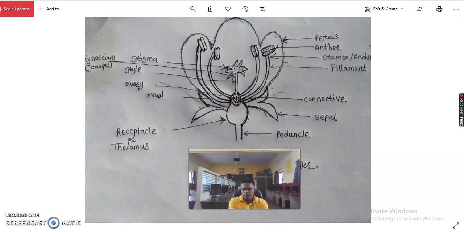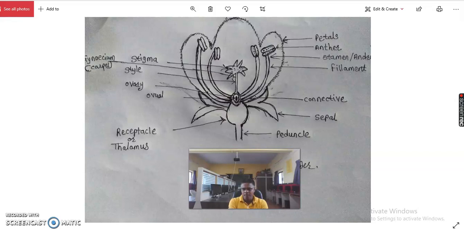Then the pollen grains are of very minute size and are like particles of dust. Each pollen grain consists of a single microscopic cell and possesses two coats, the exine and intine.